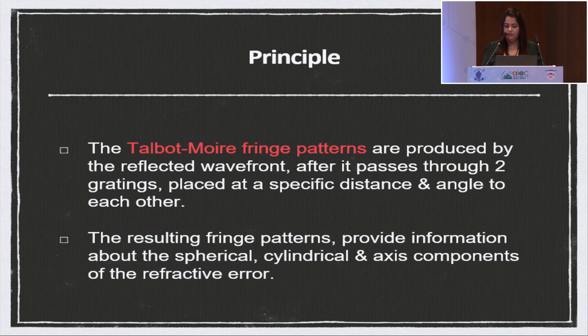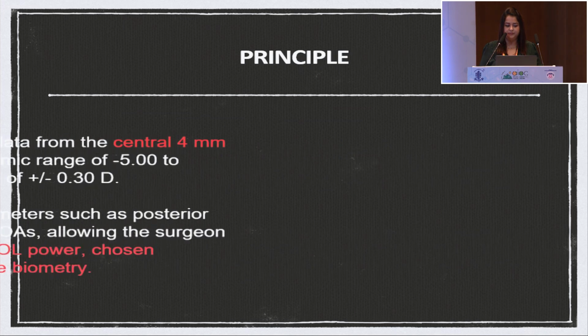The Talbot-Moiré fringe patterns are produced by the reflected wavefront after it passes through two gratings placed at specific distance and angle to each other. The resulting fringe patterns provide information about the spherical, cylindrical, and axis components of the refractive error.